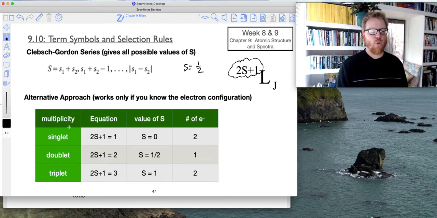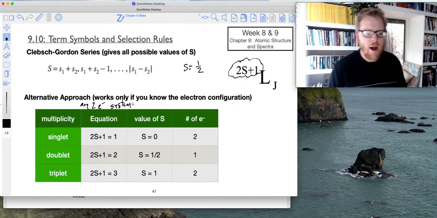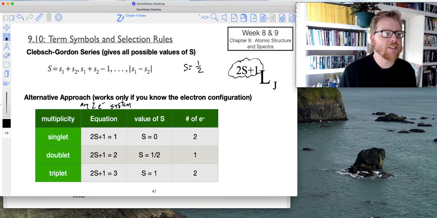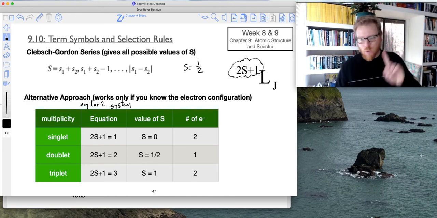And so this is for any 2 electron system. Okay? So we have singlets, doublets, triplets. Or, not any 2 electron system, my bad. Any 1 or 2 electron system. Because a doublet is a 1 electron system.